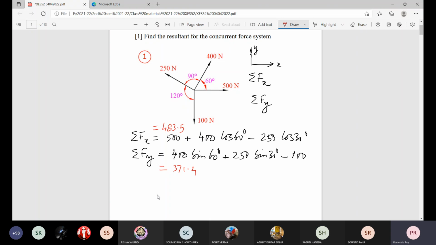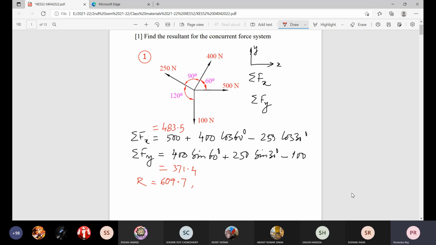Now when you square them, add them and get the square root, the resultant is 609.68, so let us make it 609.7.